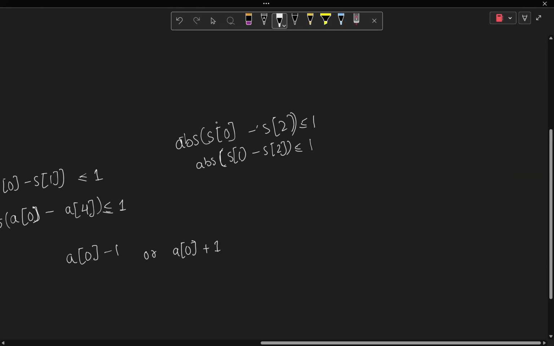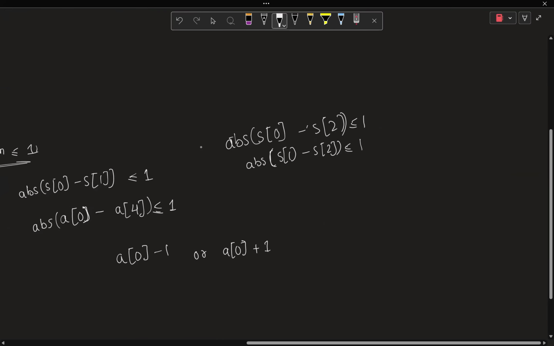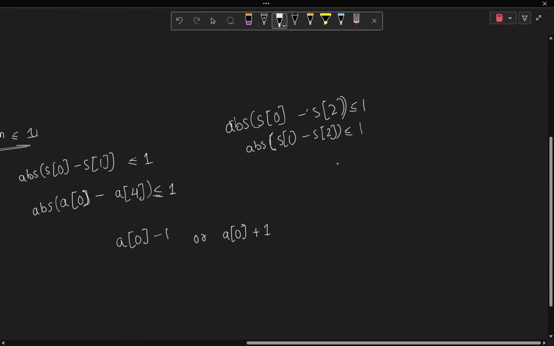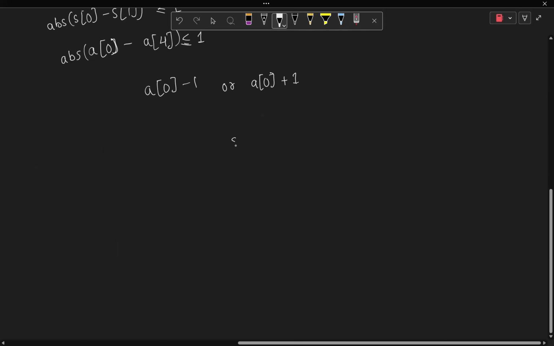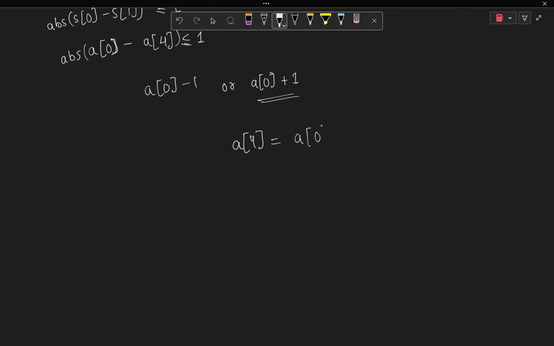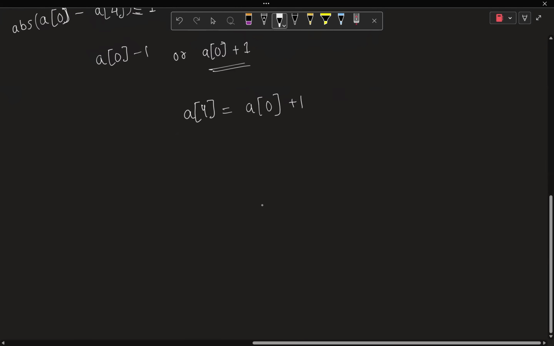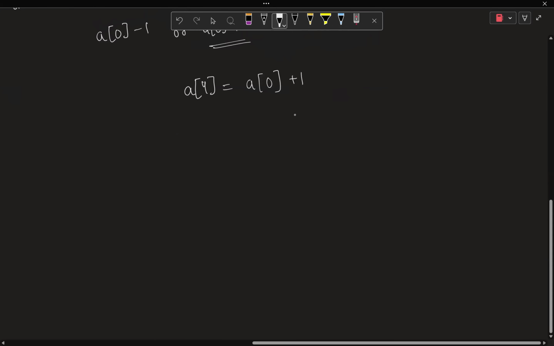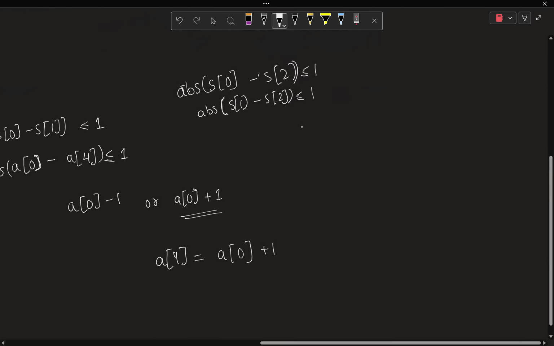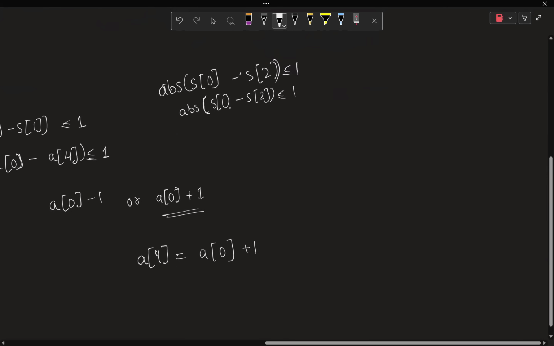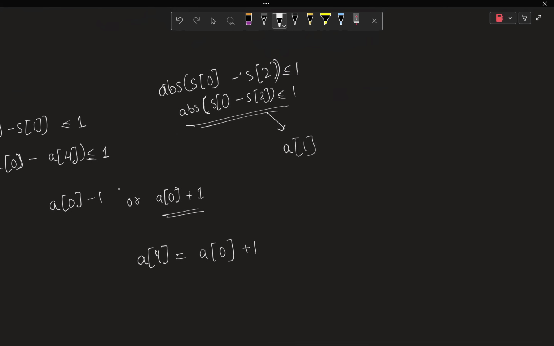So the absolute value of S0 minus S1 would have been either 1 or 0. Now, for now, let us consider that you had taken a4 to be greater than a0, like a0 plus 1, a4 was equal to that. Here, when you solve this, you will get a very similar equation.